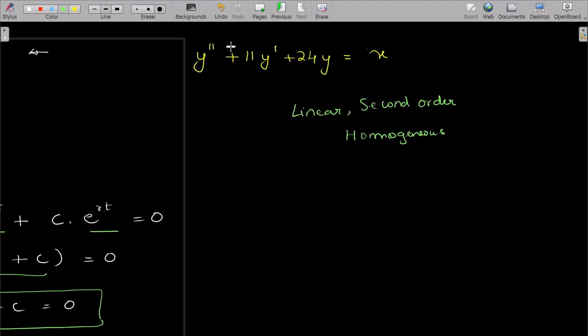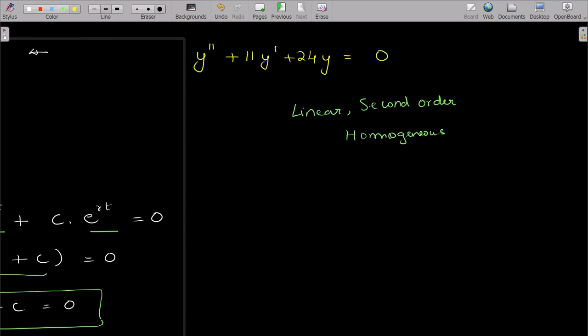Linear means that all of these derivatives have power 1. Second order means that the highest order of the derivative is 2. And homogeneous means that on the right hand side you will have 0.